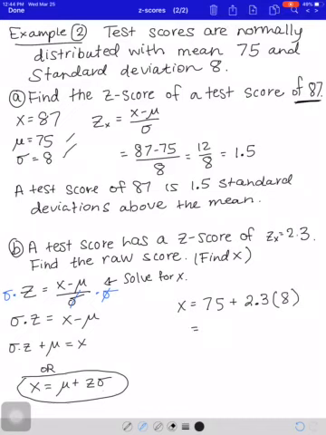If we do this calculation, 75 plus 2.3 times 8, which is 18.4, we get a total of 93.4. So this here is the test score. And there we go.